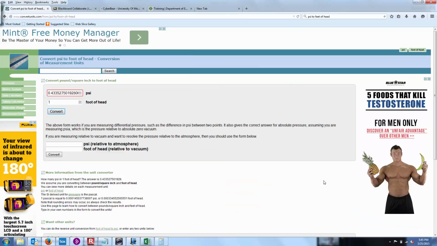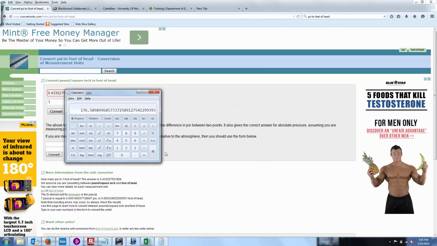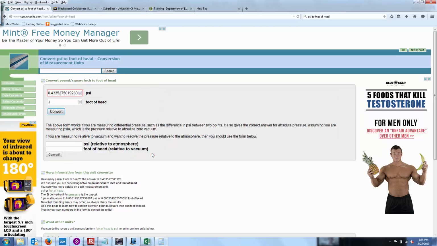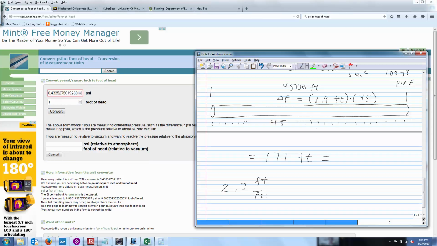So 177 divided by 2.3 equals 77. 77 PSI.